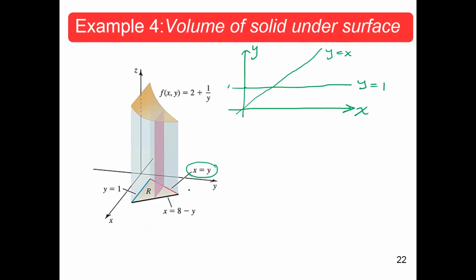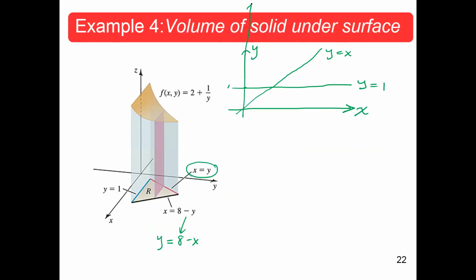Right? And lastly, we have another one, which is x equals 8 minus y. Okay, if you want to sketch it, you probably want to do it another way. We are more familiar with y equals something, right? So let's write this as y equals 8 minus x. Is that good? Y equals 8 minus x is going to be a straight line, right?